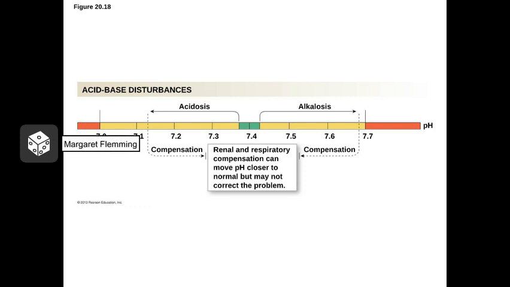When you first look at this slide, you say, oh, this is the pH scale. But in fact, it's a very narrow piece of the pH scale. Remember, 7 is neutral.